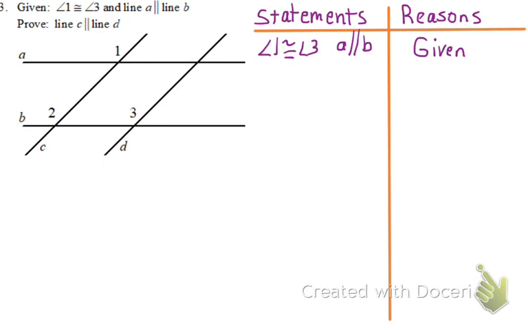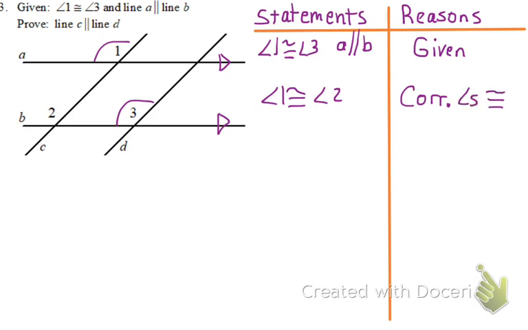A little bit different given information here. Angle 1 is congruent to angle 3, and line A is parallel to line B. Because A and B are parallel, we can say that angle 1 is congruent to angle 2, because of the parallel lines, corresponding angles are congruent.